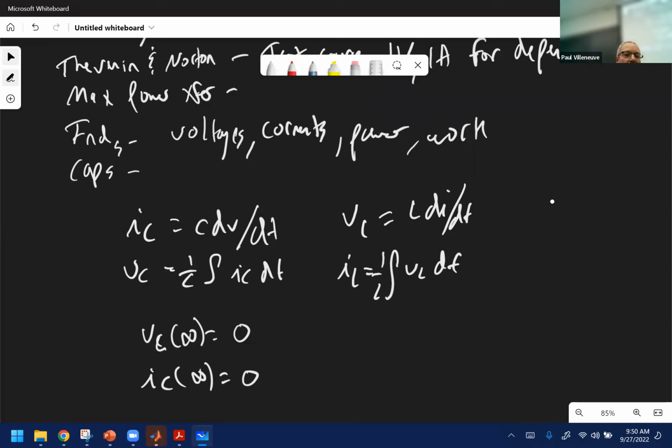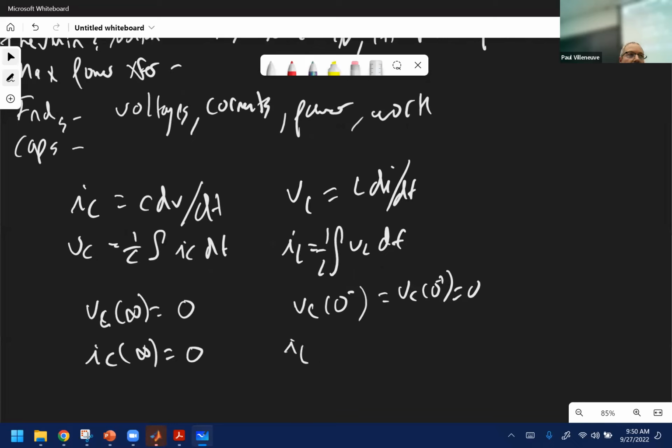And this only works if the capacitor is initially uncharged, then we develop that concept of V0 minus has to equal V0 plus, which has to equal 0. Same thing with the inductor: if there's no current initially flowing through the inductor, we can use this concept of initial conditions.